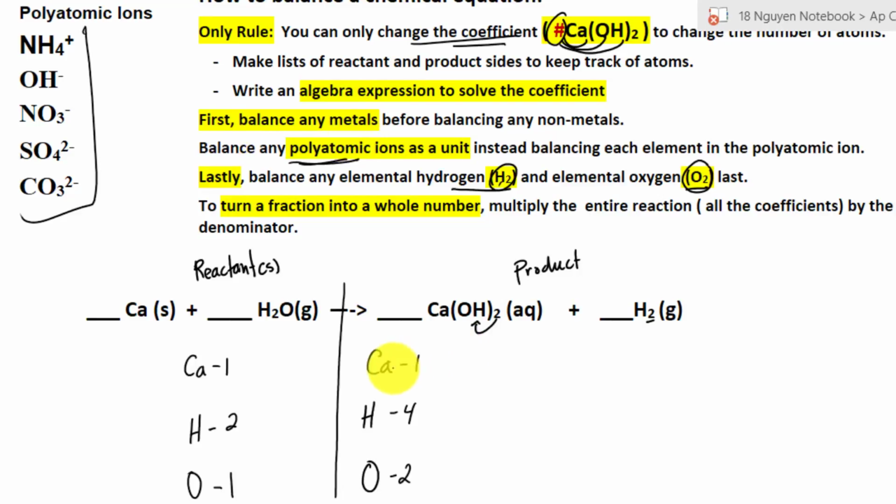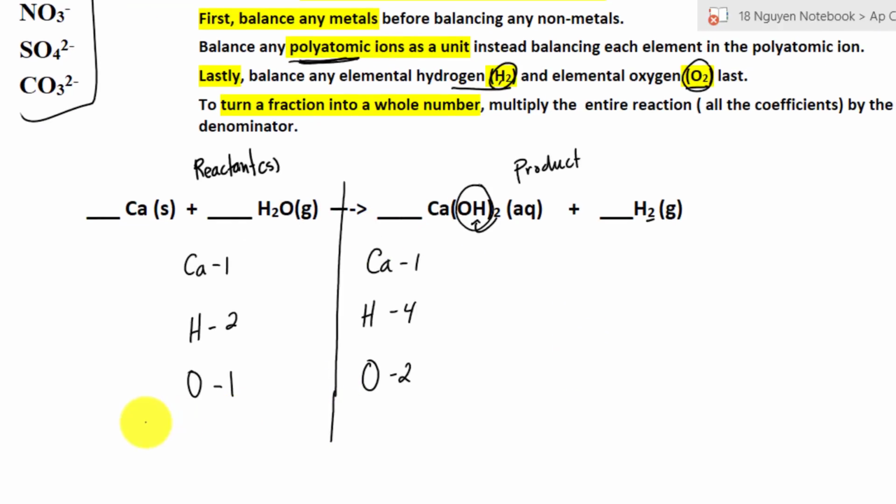So let's go back and follow the rules. For example, calcium is our metal. So in this case, the calcium is already balanced, so we don't have to do anything to it. Now, let's look at this right here. Polyatomic ion. Isn't this a polyatomic ion? Well, instead of looking at this polyatomic ion in terms of oxygen and hydrogen separately, why can't we just revise this list, okay? Let's put in an additional list right here where I have OH.